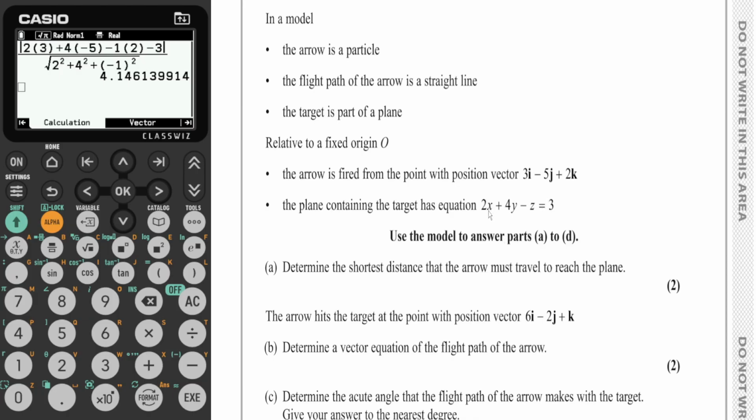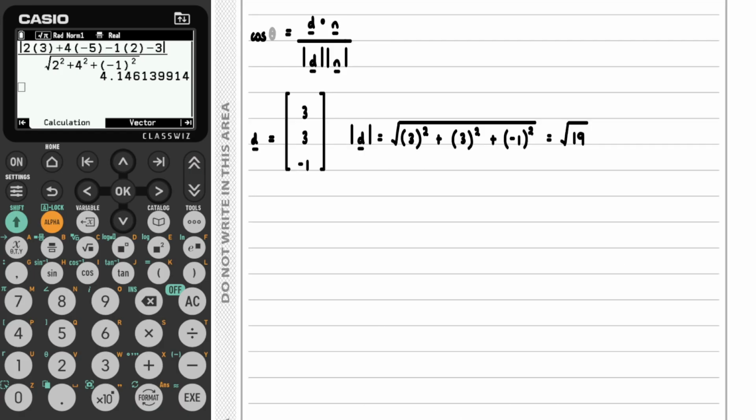If we take a look at the plane pi with equation 2x plus 4y subtract z equals 3, from this we can state what the normal vector is. The normal vector will be the coefficients of x, y and z. That will be given by (2, 4, negative 1). So now we can find the magnitude of n.